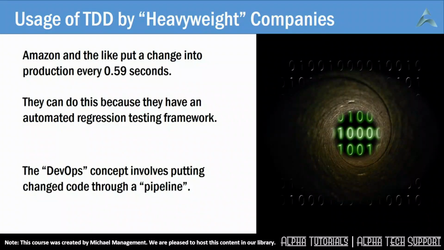The code is not moved until all of those checks have been passed. One of those checks involves automated unit tests. Therefore, TDD is not feasible unless you have a framework to run all your tests in an automated fashion. Luckily, virtually every programming language enables this.